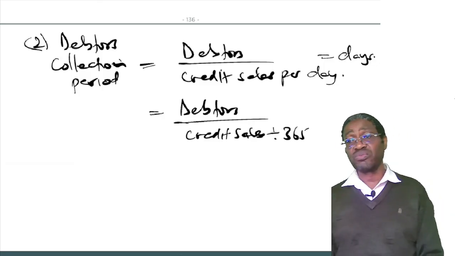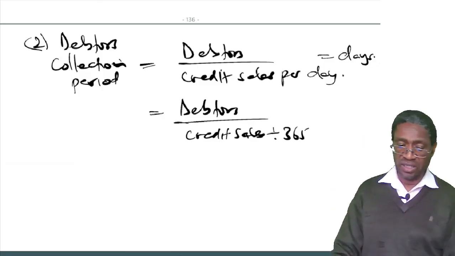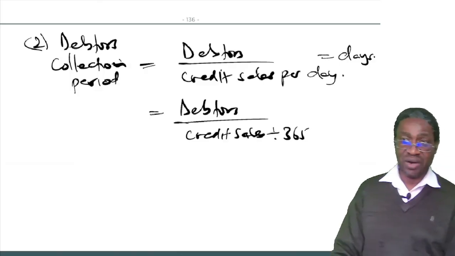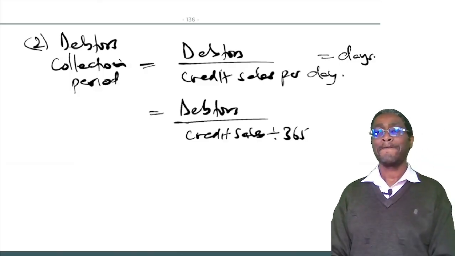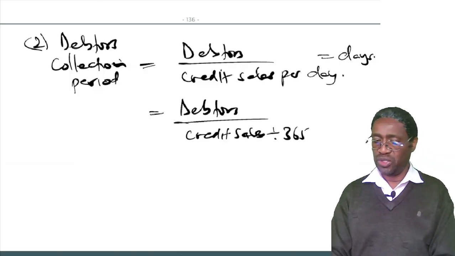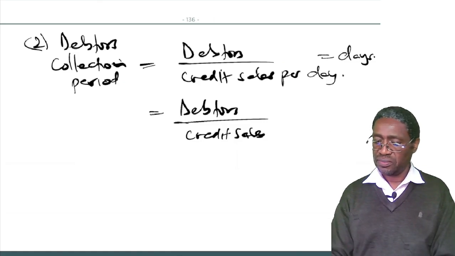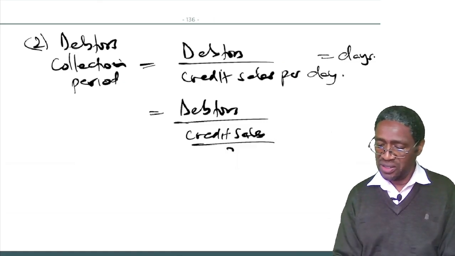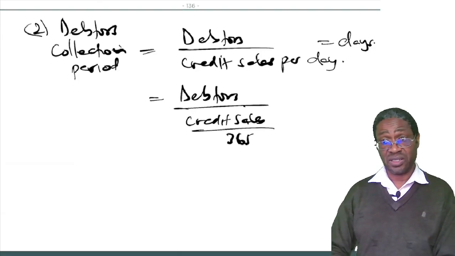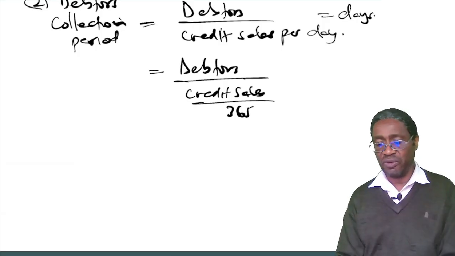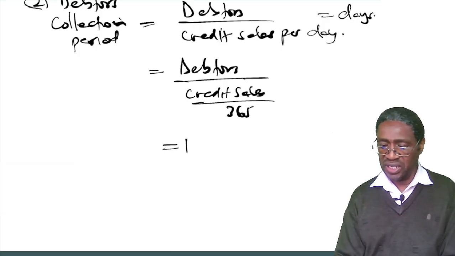We normally assume there are 365 days in a year. Okay? Now listen. Or you can put it this way. Don't write it fast. This same formula can be expressed as debtors.